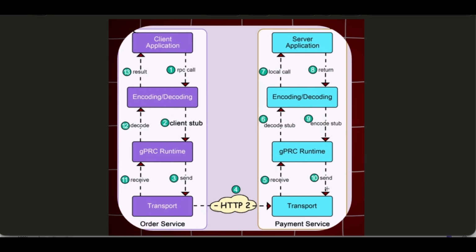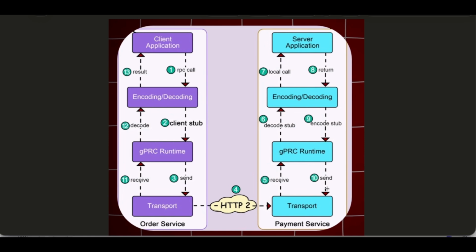Then it will go to the gRPC runtime, then to transport. Using HTTP2, it will move to our server. The backend server also has a transport, then it goes to the gRPC runtime, then decoding, then to the server application.